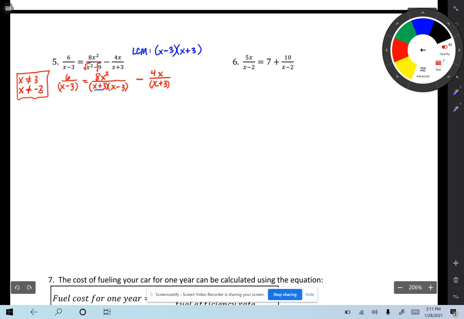So I'm going to list my 6 over the x minus 3. That's the original fraction, but I'm going to multiply the top by x minus 3 times x plus 3. Equal to, I'm going to list my 8x squared over x plus 3 times x minus 3, and I'm going to multiply that top by x plus 3, x minus 3.